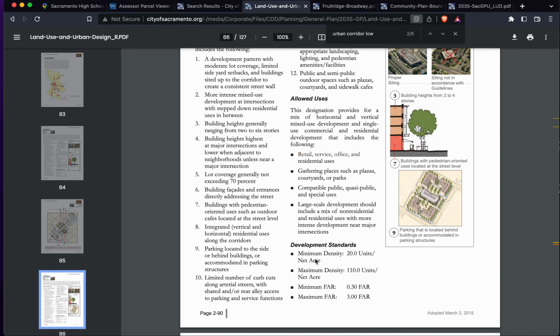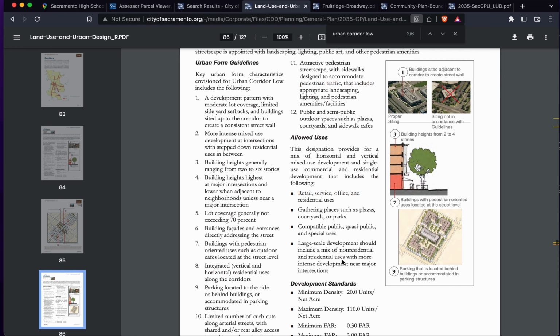For livable space, it's 30% of the land, but not more than three times as big. Okay, so that's how we figure out the land use design guidelines designation under special planning districts. All right.